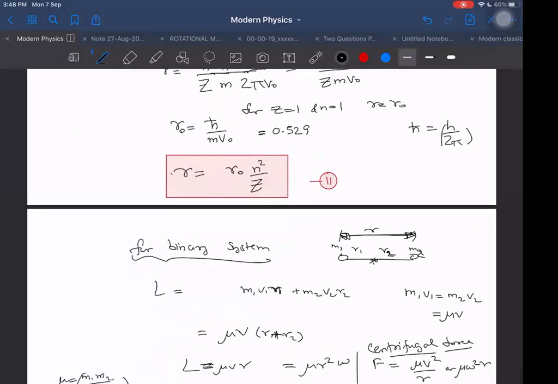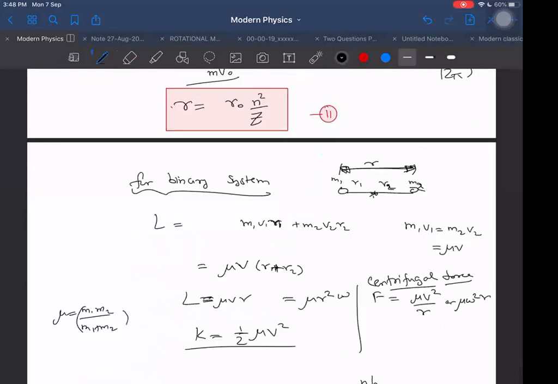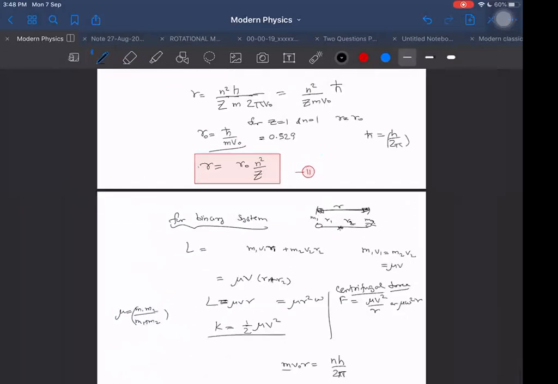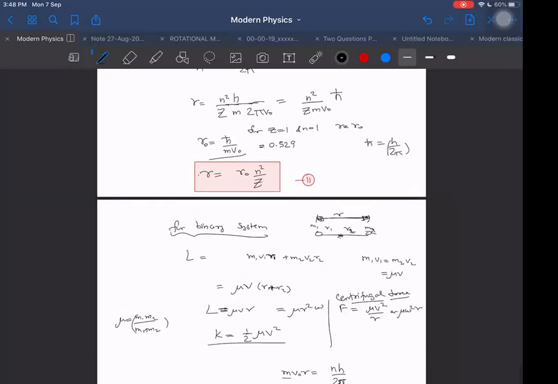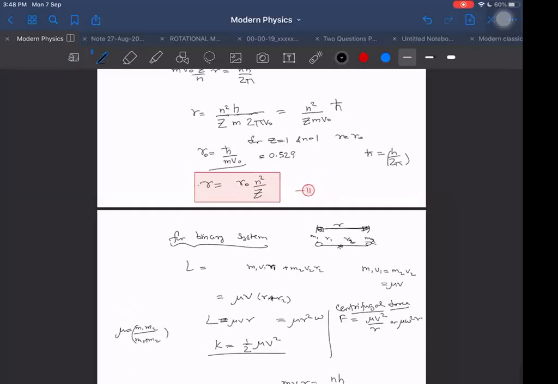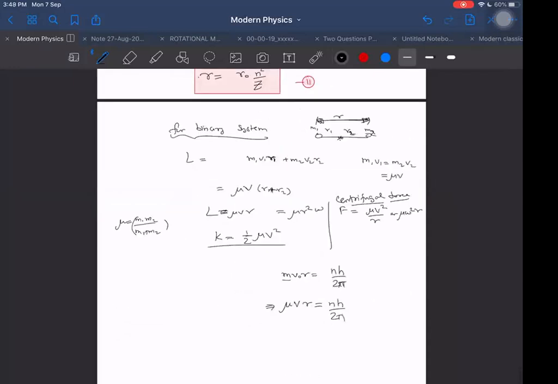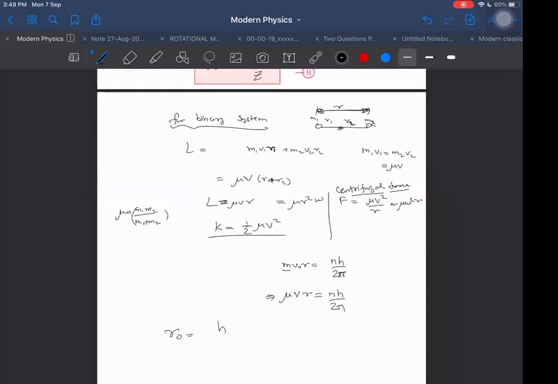For example, in r naught, what will be the r naught value if I take mu into account? Then r naught value will not be h upon mu into v relative.